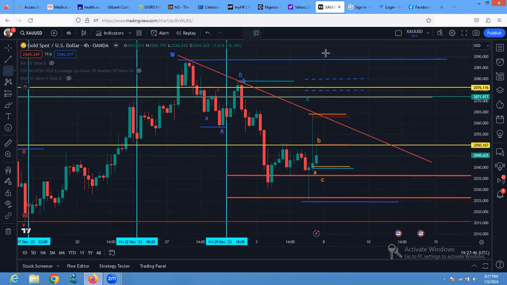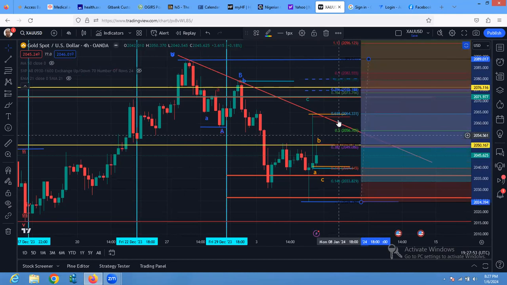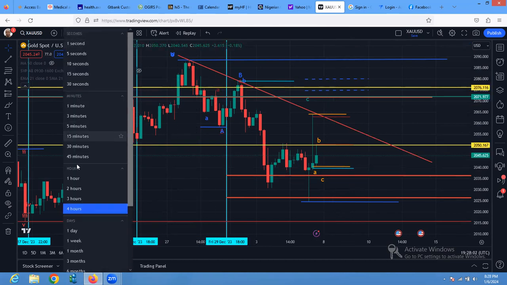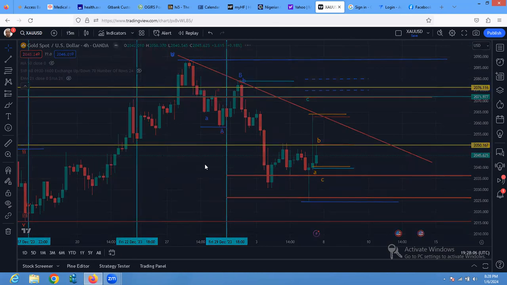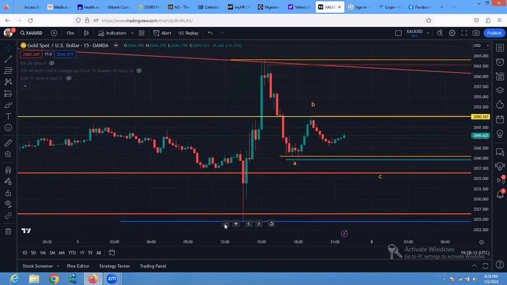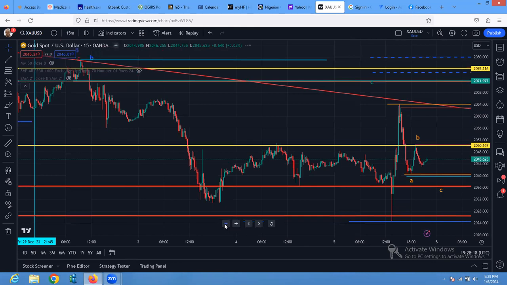The retracement to the upside is also about exactly 161.8 here, 61.8. But I still believe that the price is still going to correct to the downside before it goes up. So that's what we are looking at. We are looking at the internal structure of that wave because euro dollar and gold have printed almost a similar pattern.